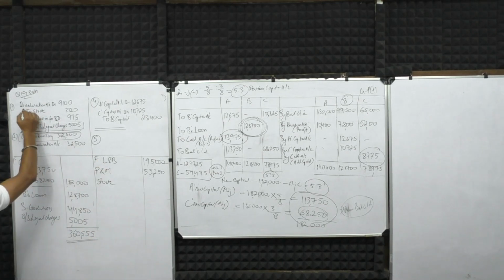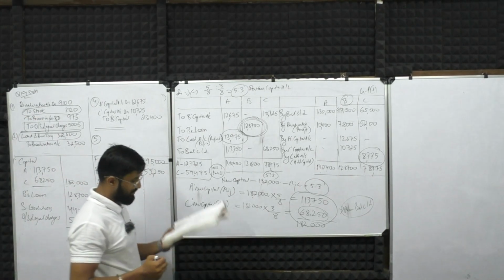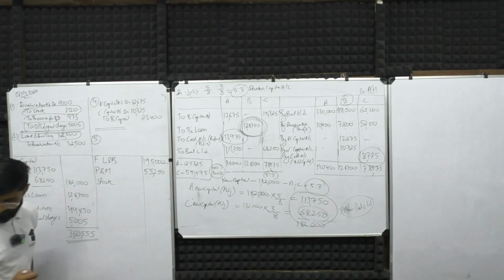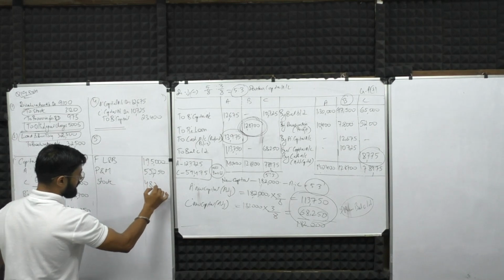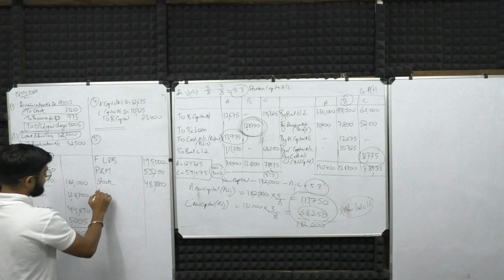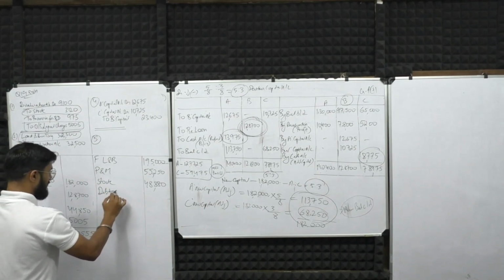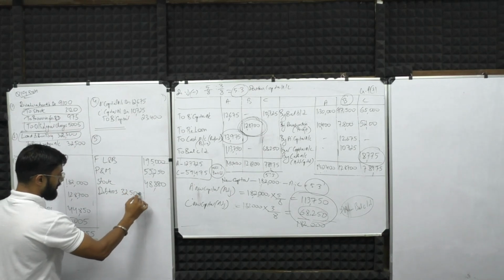Stock, are there changes? Stock balance continues. Credit balance continues. Minus all value. 48,880. Next again. Debtors value is 32,500. Less reserve.